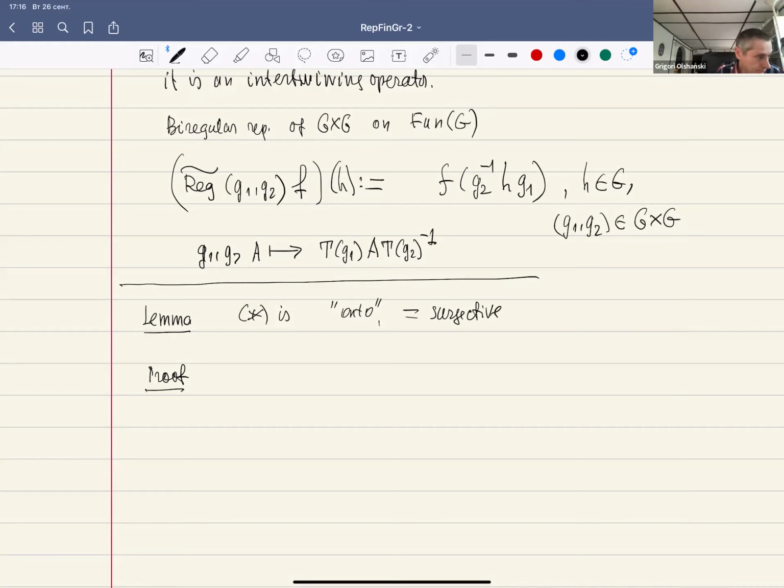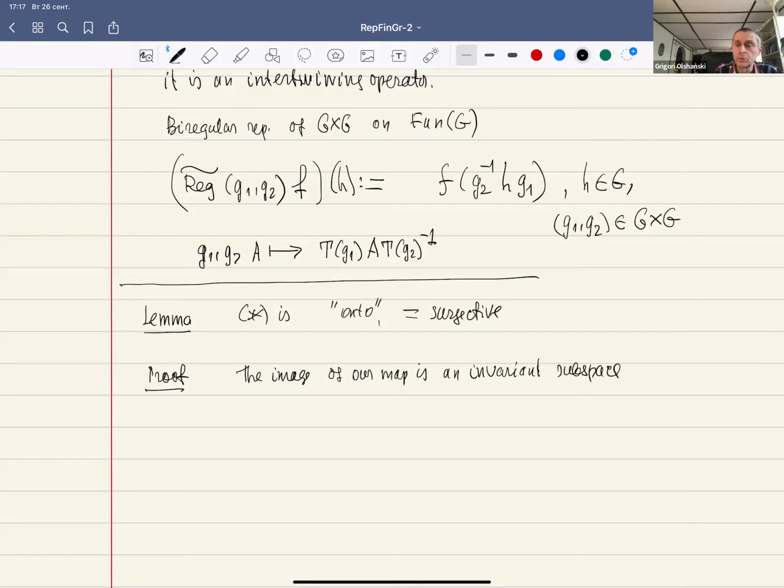So the proof. The image of our map, because we have an intertwining map, is an invariant subspace.